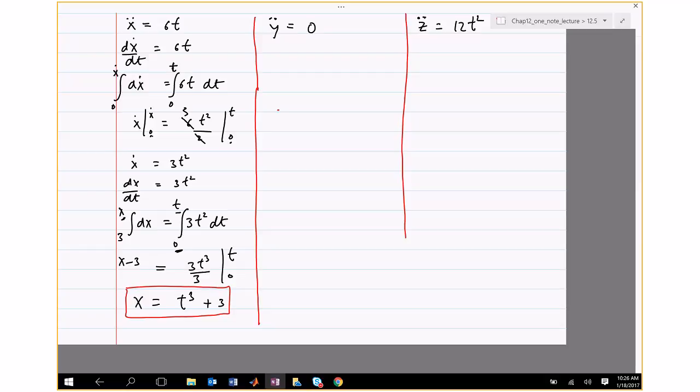What you should end up with is y equals 2 and z equals t raised to 4 plus 5.